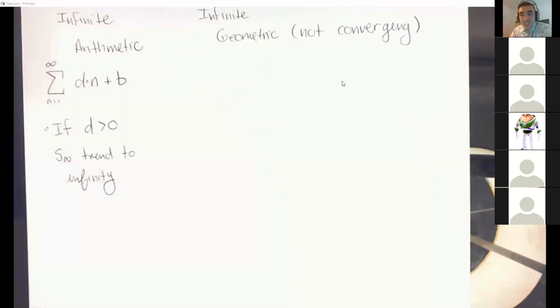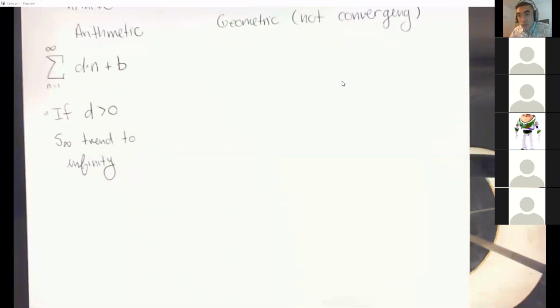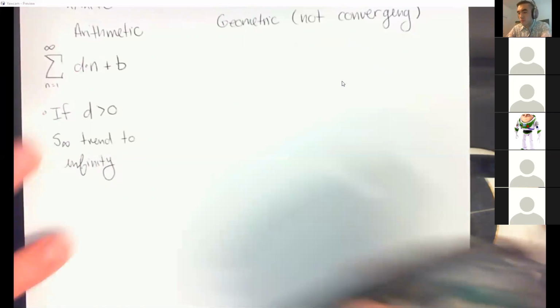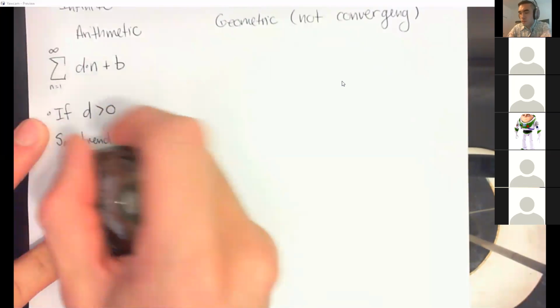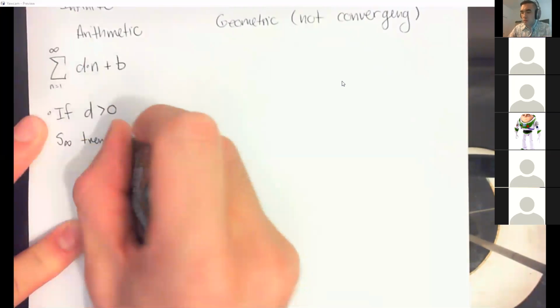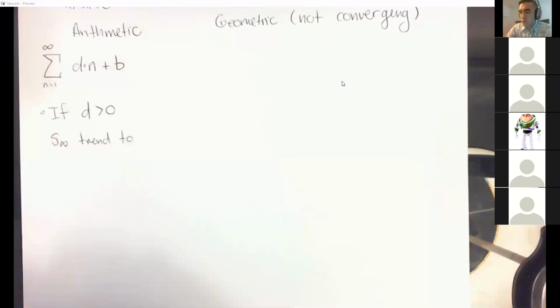And then if this is a negative common difference, if our sequence was 5, 4, 3, 2, 1, 0, negative 1, negative 2, negative 3, negative 4, negative 5, what do you think that would trend towards? I'll actually be cool, and instead of using the word infinity, I'll just use the symbol.